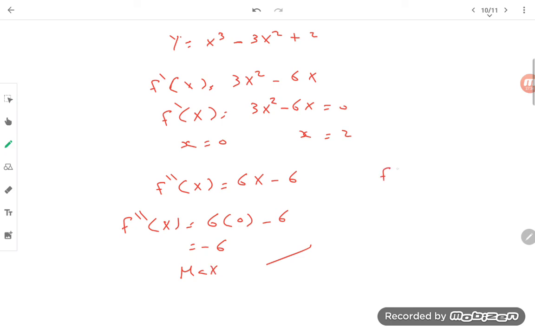And then 6 multiplied by 2 minus 6, which is 6, is a positive value. So this is a minimum point. So the value of x equals 0 is a maximum, and the value of x equals 2 is the minimum point.